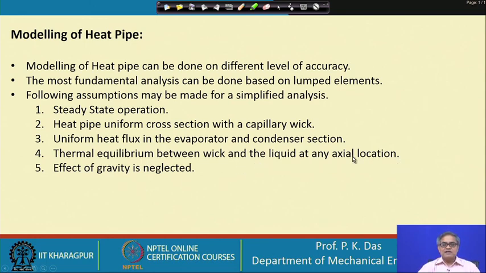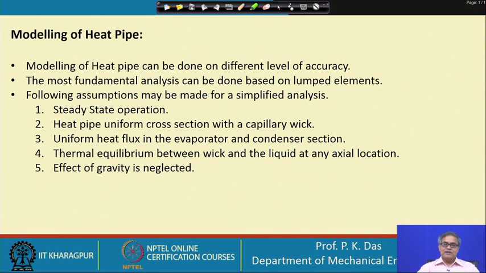That means, at any axial location we will assume that the wick structure, which is generally a metallic structure in most of the cases, and the liquid within the pores of the wick are at the same temperature.